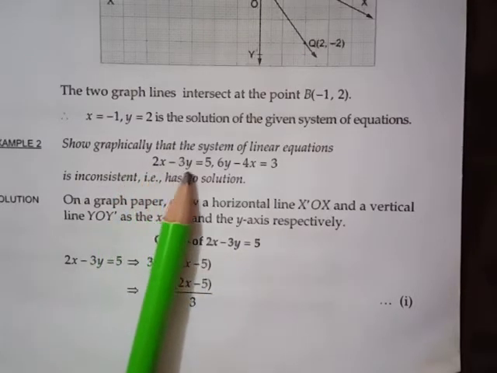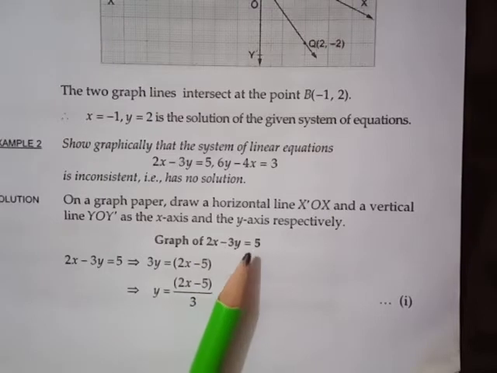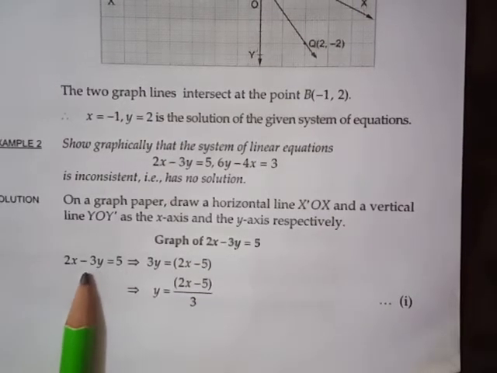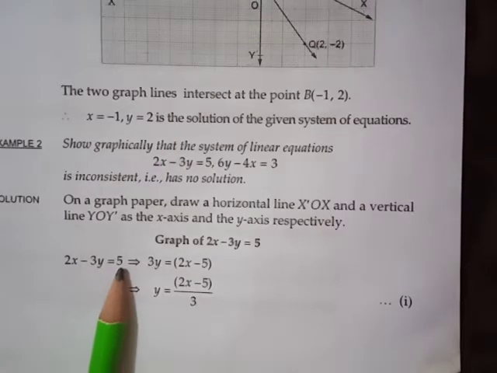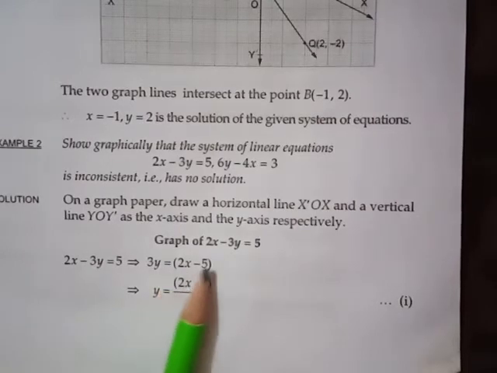The first equation is 2x minus 3y equal to 5. Put 3y on that side and bring 5 to this side: 3y equal to 2x minus 5.